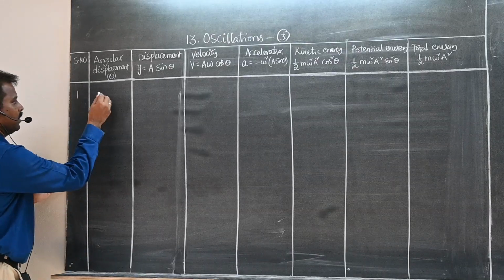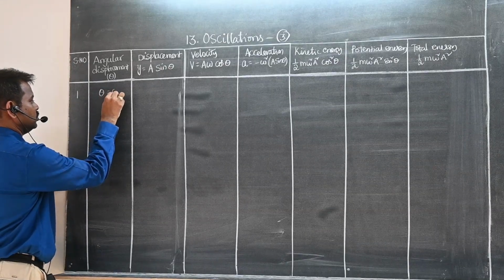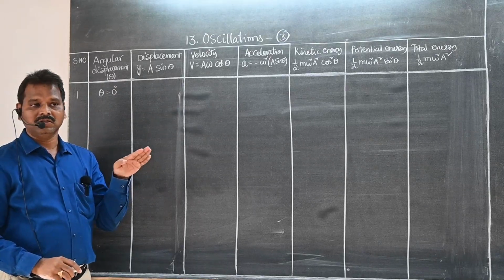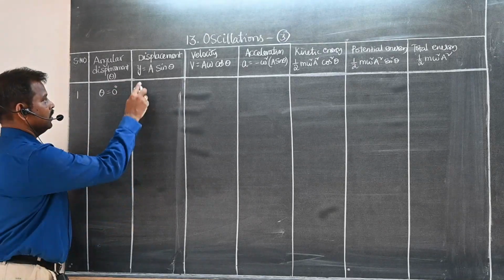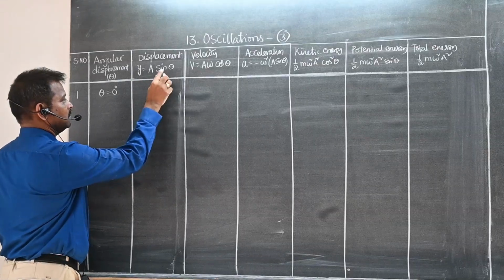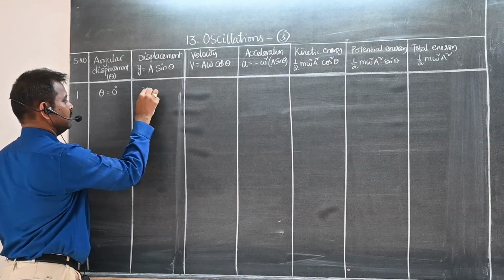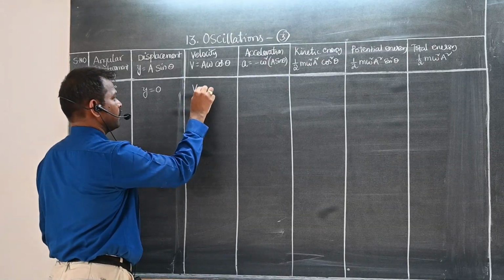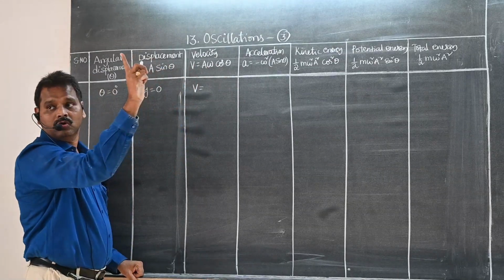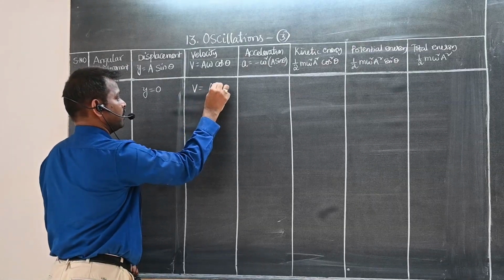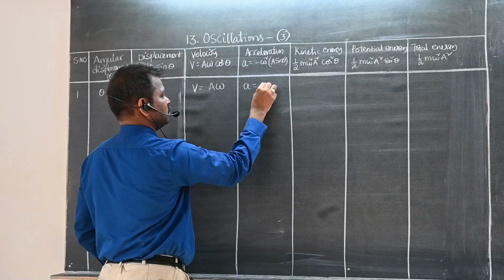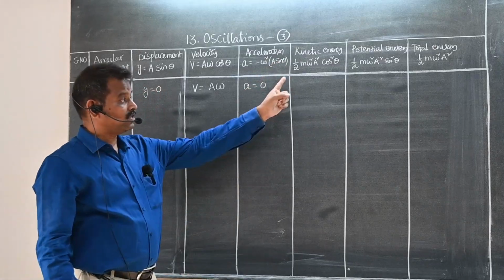Serial number 1, when theta is equal to 0 degrees. What do you mean by theta 0? The particle is at the mean position. What is displacement? Sin 0 is 0, so y is equal to 0. What is velocity? Cos 0 is 1, so this is a omega. What is acceleration? Sin 0, so 0. What is kinetic energy there?